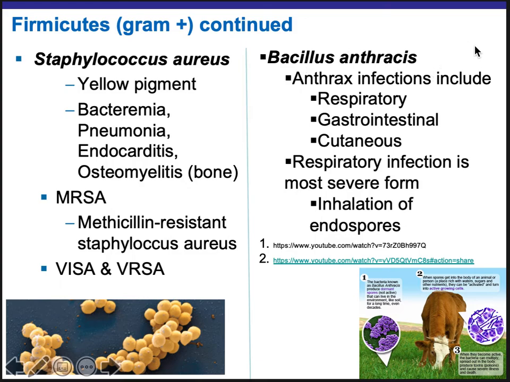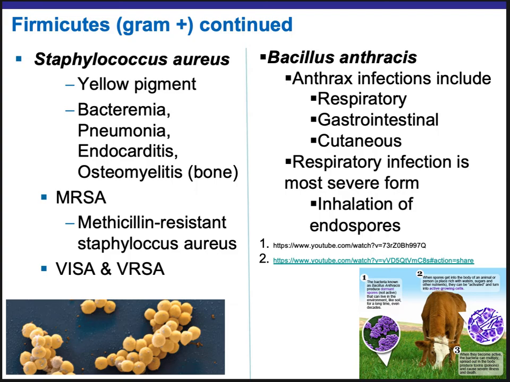You could definitely go back and review your notes from that lab. Remember, primarily it is a respiratory infection when you inhale those endospores. But if you were to ingest it, it could give you some gastroenteritis. As far as I know, it's just your normal run-of-the-mill gastroenteritis, nothing too particular about it.